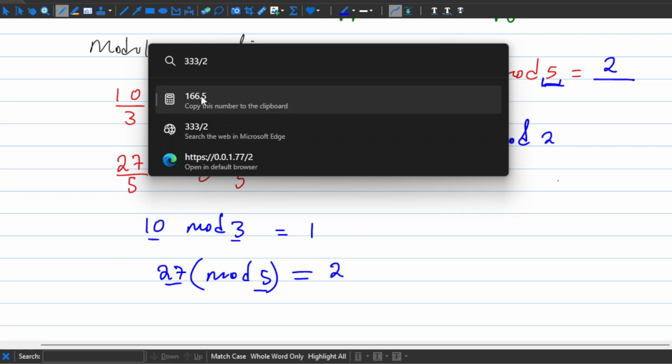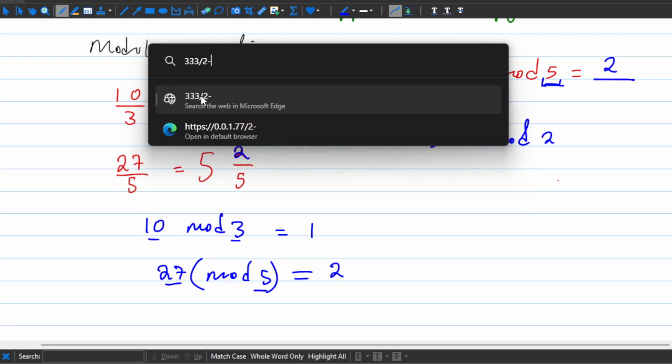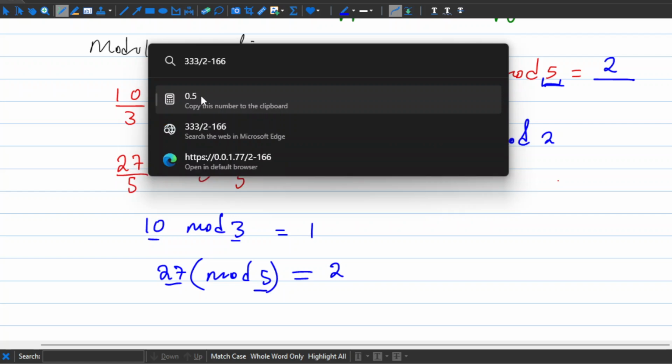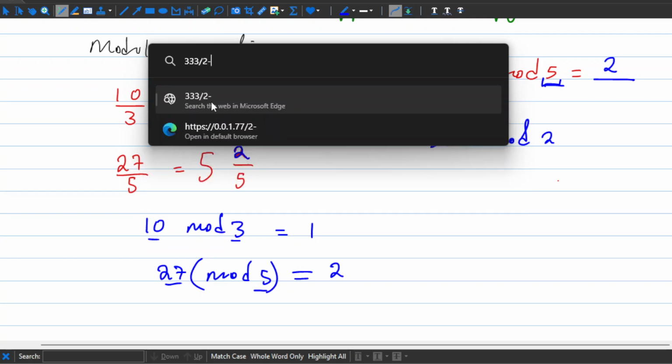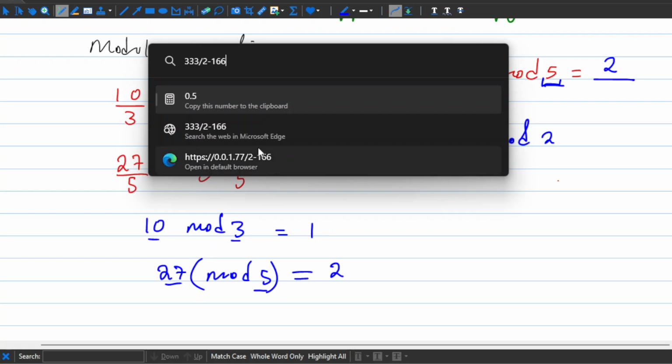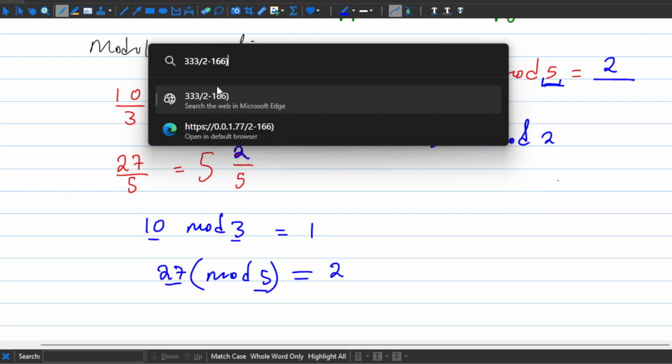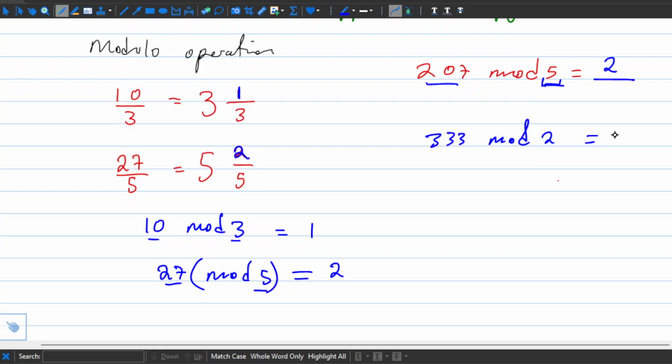What we're interested in is just the number before the decimal, 166, so we say minus 166. It gives me 0.5. Then I'll multiply everything by the mod, which is 2. This gives me 1.